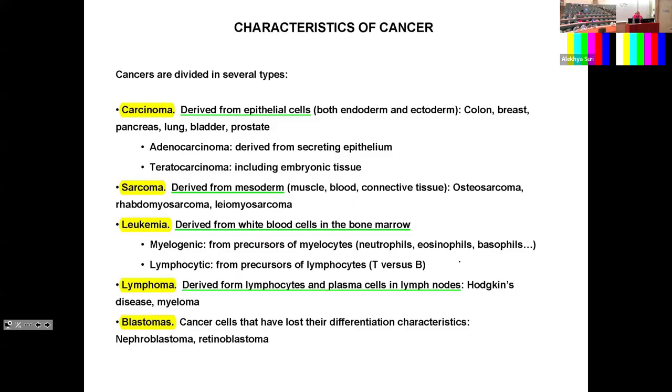And then you have the blastomas, which are very specific. They lost differentiation a little. So these are characterized because when you read a paper and want to know what we are talking about, it is the different types of cancer. I don't want you to remember each of the specific tumors, but at least where they derive from, so you have some knowledge after this class.